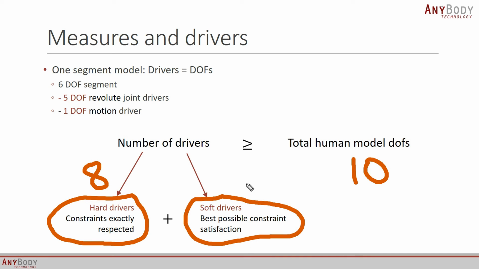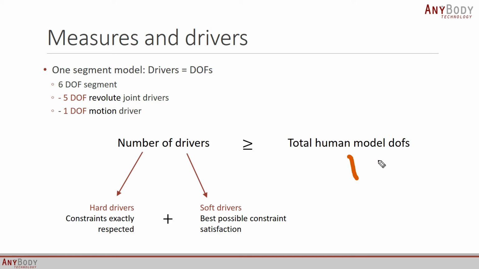It's theoretically infinite, but I could even add 20 soft drivers and still have a feasible simulation. On the other hand, if I were to have 10 degrees of freedom and 12 hard drivers, this would not be possible, because the simulation will try to satisfy all these 12 constraints exactly, and what you actually have is an over-constrained system.